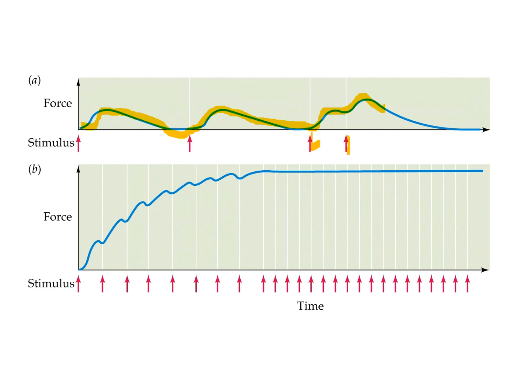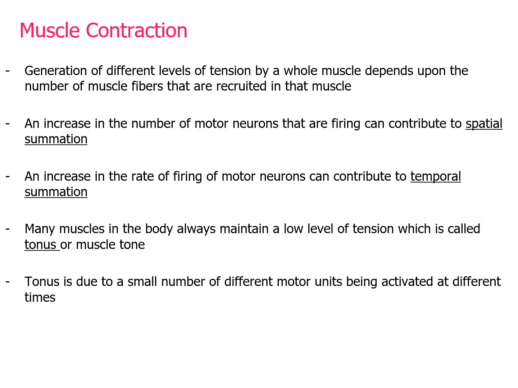And here you get an example of even more rapid stimuli. So you're getting wave summation going here, and the effect is generating an incomplete tetanus until eventually the frequency of stimulation is increased fast enough so that you get complete tetanus here.